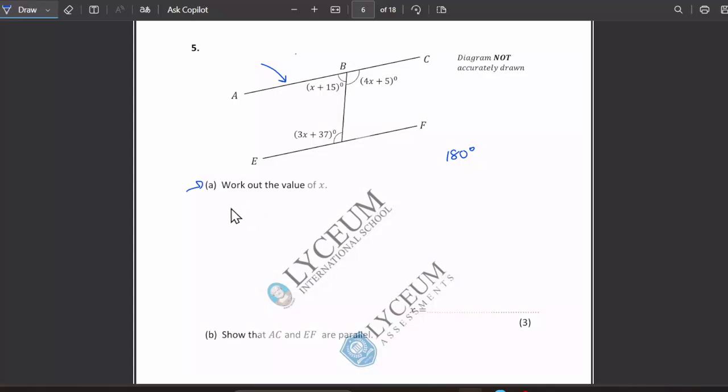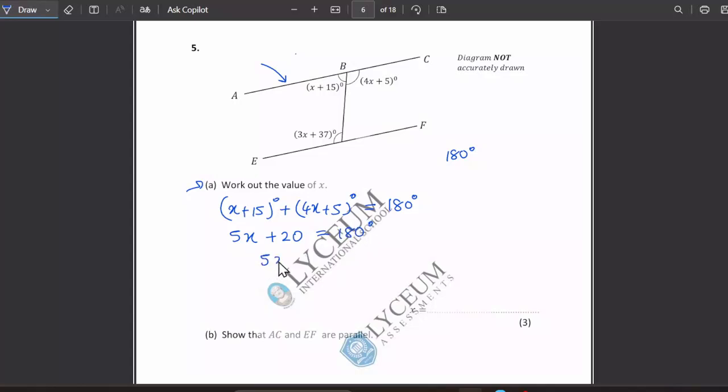So we can say x plus 15 plus 4x plus 5 should be equal to 180. Okay. Then we can simplify this. 5x plus 20 equals 180.